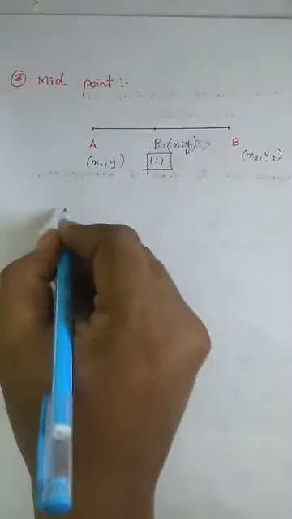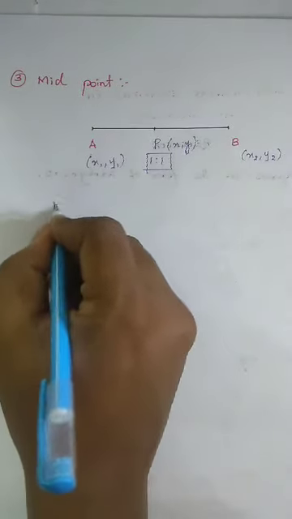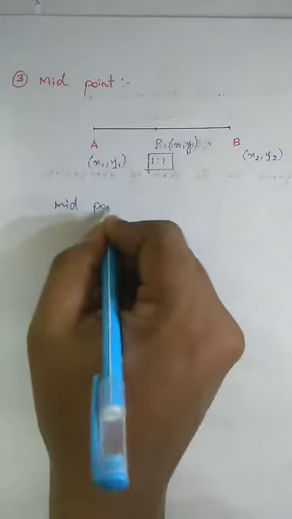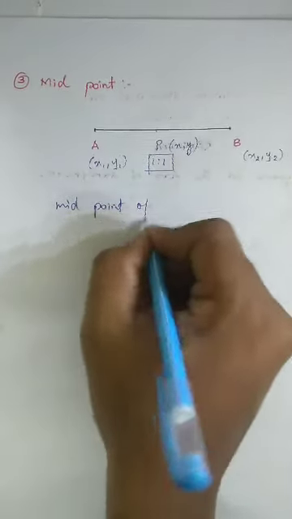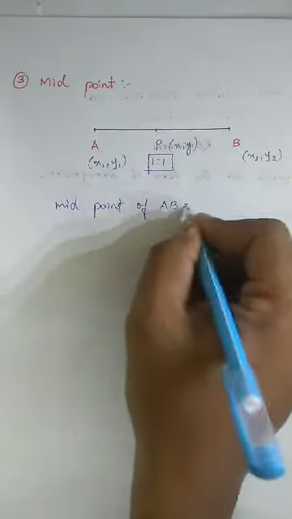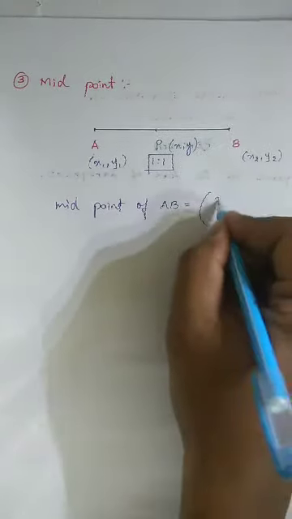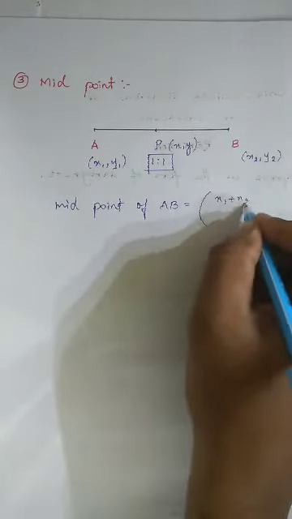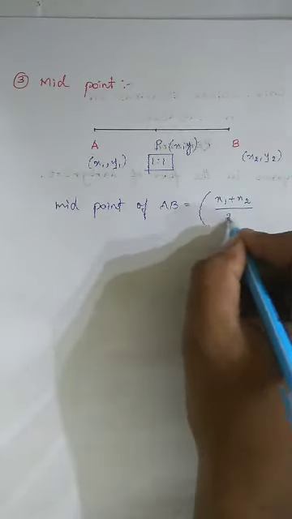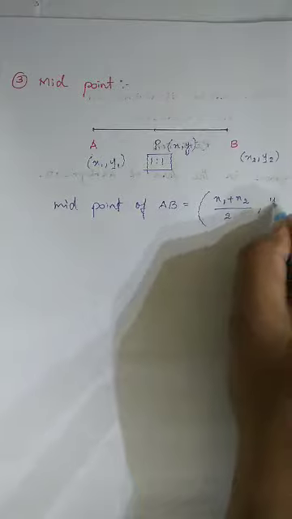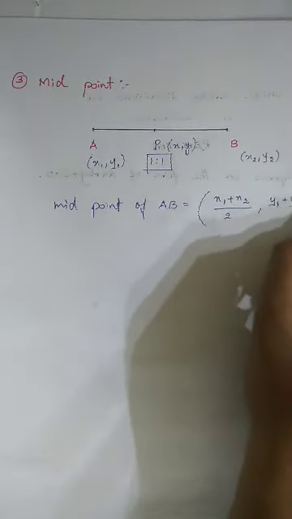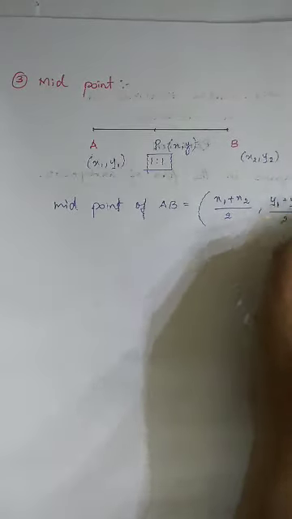In midpoint, the ratio should be equal. So the midpoint of AB equals x1 plus x2 divided by 2, comma, y1 plus y2 divided by 2.